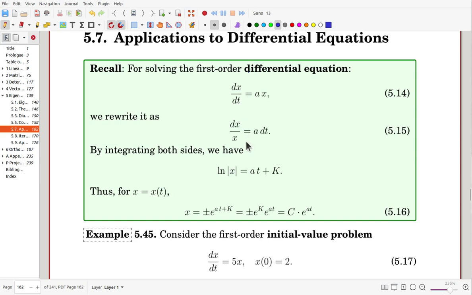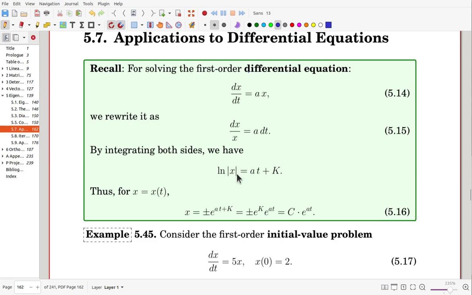Now we integrate both sides, left-hand side with respect to x, right side with respect to t. Then left-hand side becomes logarithm of absolute value of x, and right side at, and we have to put here an integration constant. Now we can apply the exponential function.